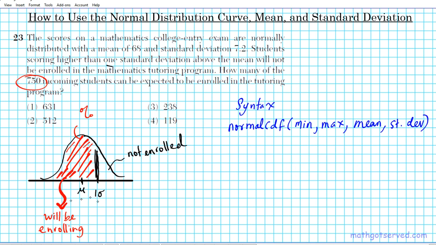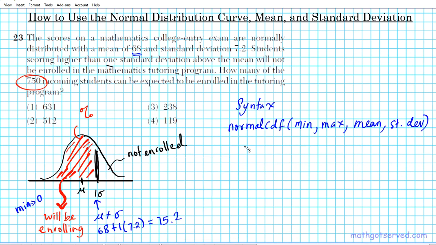We're looking for everything beneath one standard deviation, so we go from 0, our low point, to one standard deviation above the mean, which is the mean plus one standard deviation. The mean is 68, so we add 1 times 7.2, which gives 75.2.